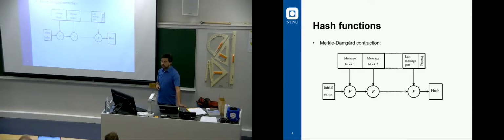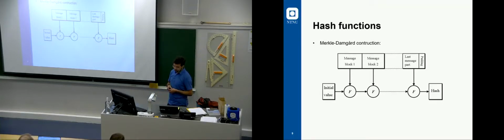Then we have an initial value that we calculate with the function, and the output of that function is given as an input to the next function, together with message block 2 out of the whole message, and we keep on doing this till the end. At the last, we get what we call the hash. This is one of the techniques to compute a hash.